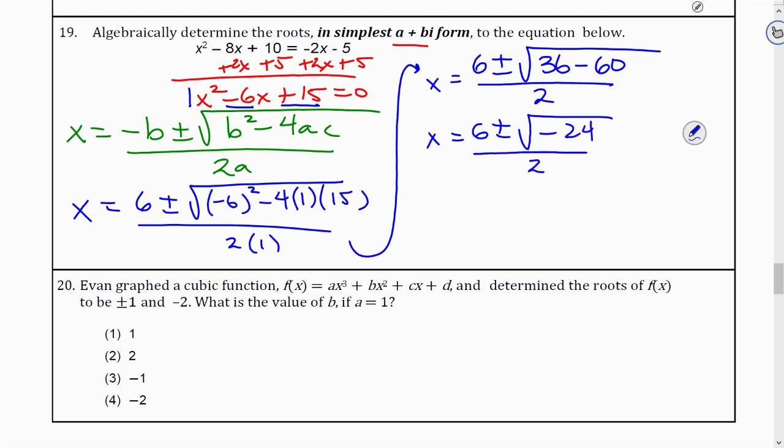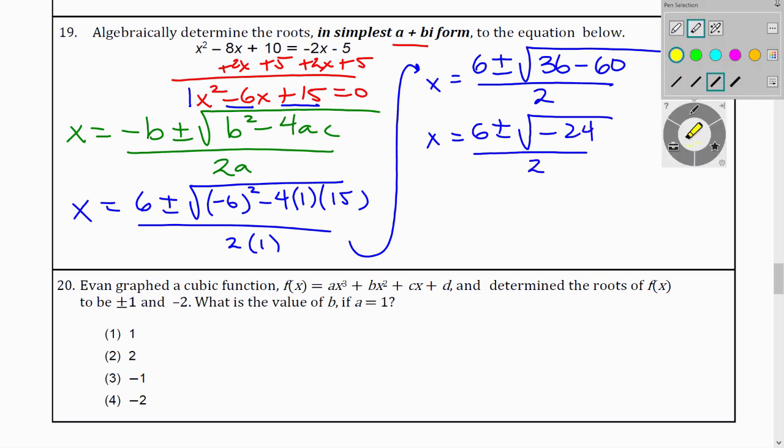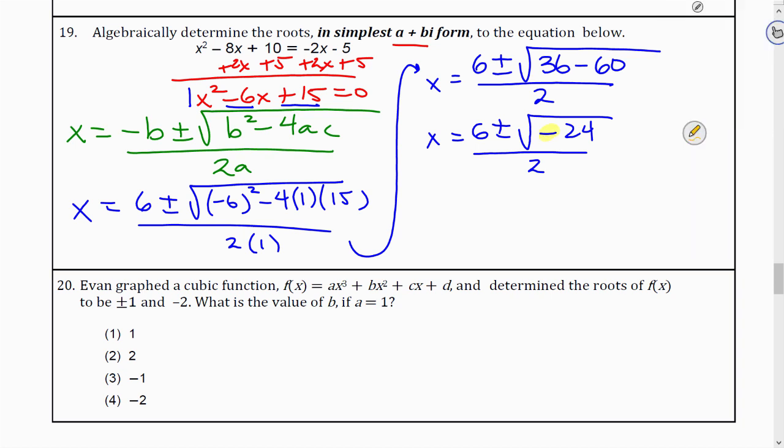This negative right here is the reason I'm going to get some complex solutions. Let me simplify the square root of negative 24. Let me just look at 24. What's the lowest prime that divides 24? The answer is 2, and 2 goes into 24 12 times. The lowest prime that divides 12 is 2.